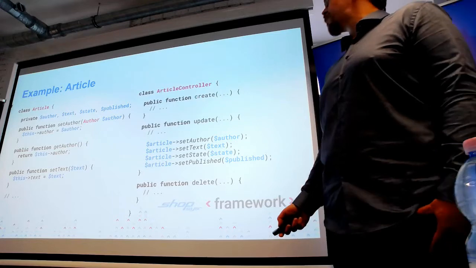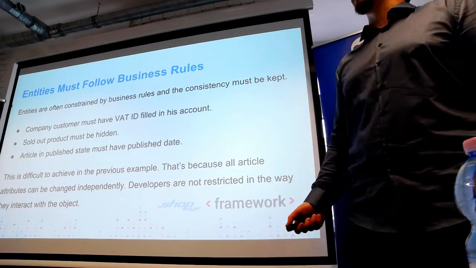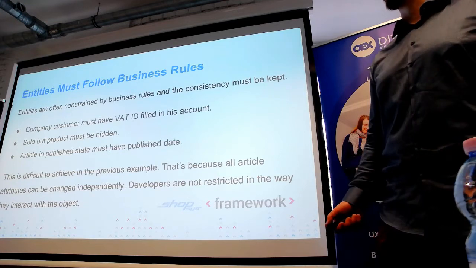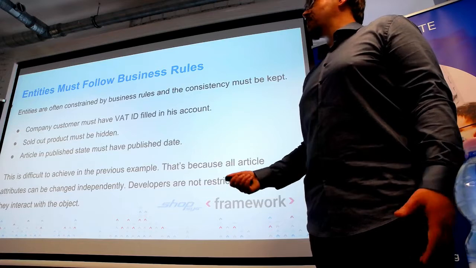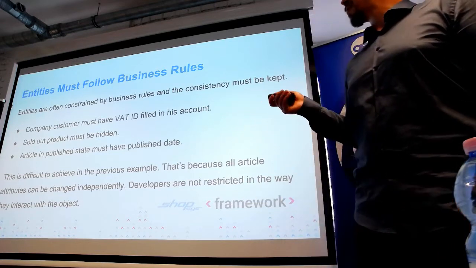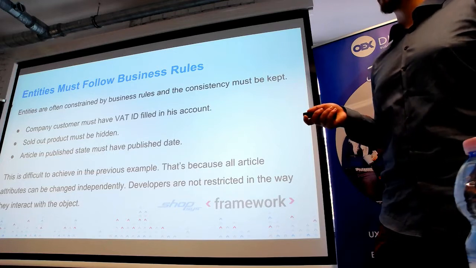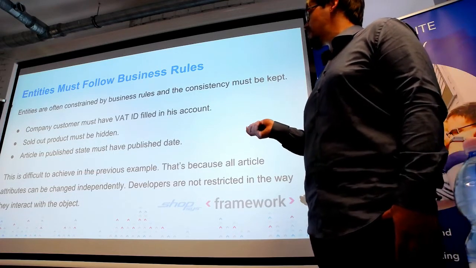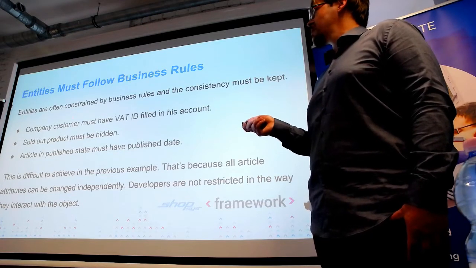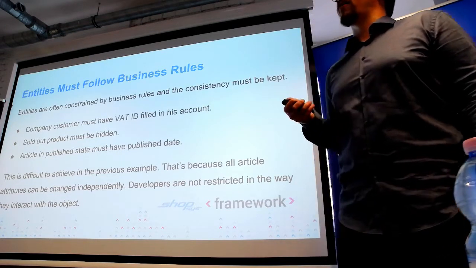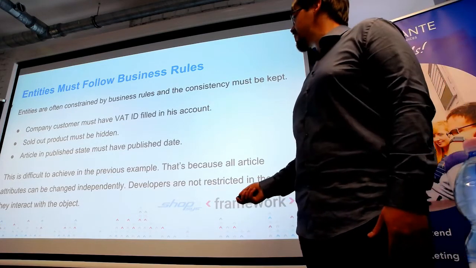The problem with this approach is that entities must always follow some business rules, some constraints, because you can imagine in this article that when it is in published state, it must always have some date of publishing. Similarly, products, when their inventory goes to 0, it should be updated to be hidden.